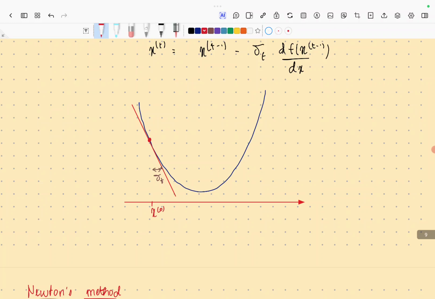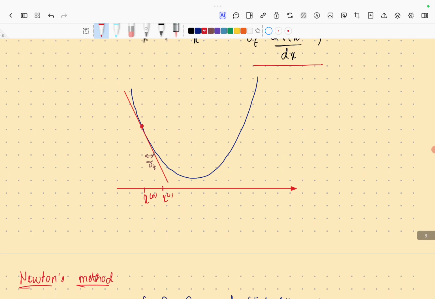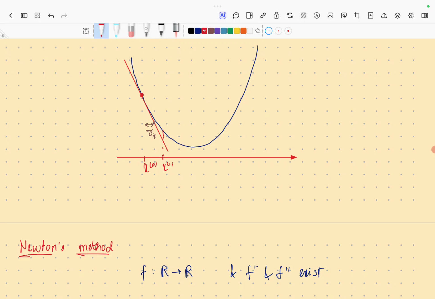You start with x0, take the first order approximation, which corresponds to the tangent at that particular point. You know that in the direction to the right, the function is decreasing, so you take one step in that particular direction, and the amount you move in that direction is just delta t times the derivative at this particular point, and you get some x1. And at this particular point, now you again construct the tangent, which is the first order approximation.